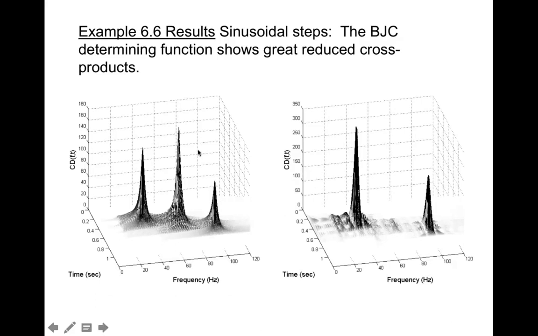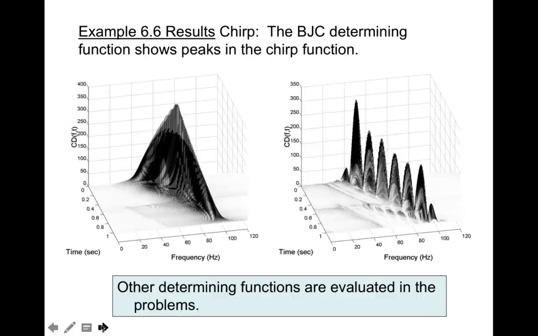So here is our 40 hertz and our 100 hertz signal with the BJC, the Born-Jordan-Cohen, applied on the right hand side. And so you can see the difference. You can see here was the Choi-Williams, and then after, if the BJC is applied, you can see the great reduction in those cross terms that were showing up in the center of that distribution.